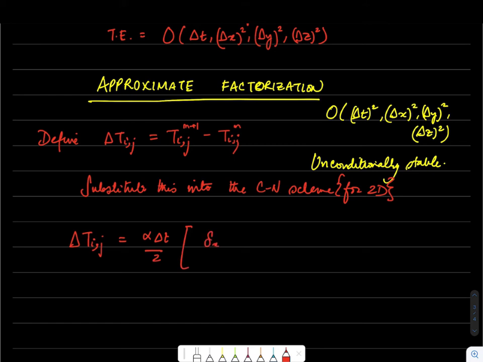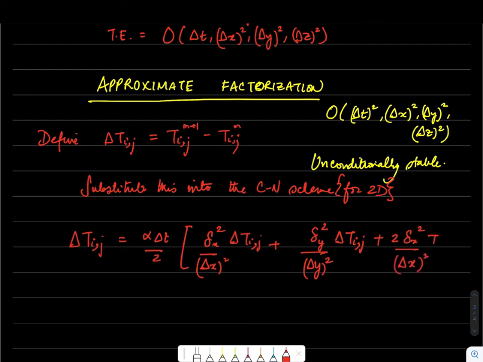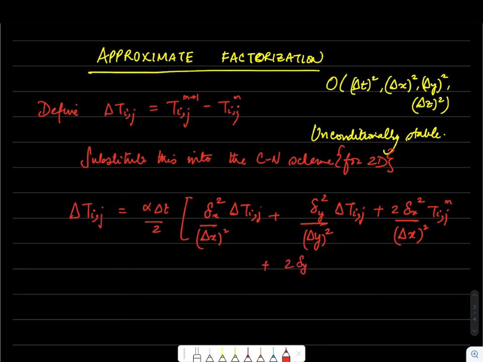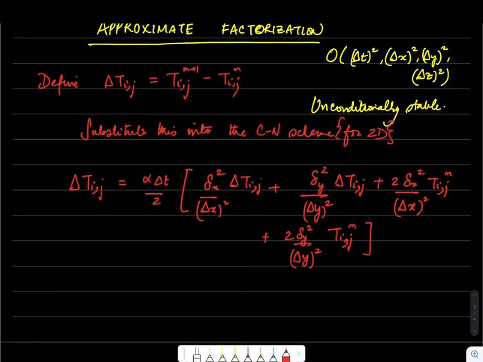We'll have del x square operated over delta Tij by delta x square plus del y square by delta y square delta Tij plus 2 del x square by delta x square over Tij^n plus 2 del y square by delta y square Tij^n.